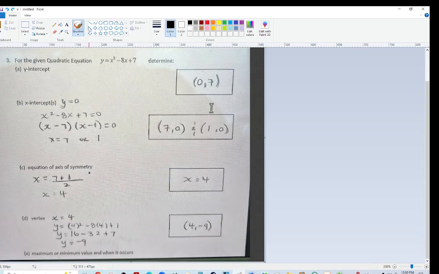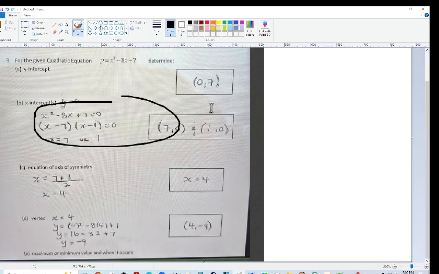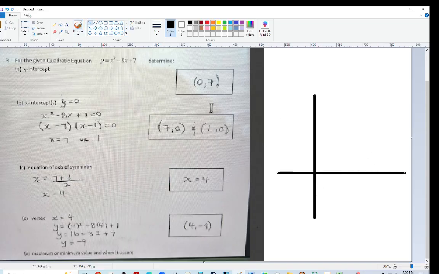Here, what's interesting is he's finding the axis of symmetry. As I tried to point out in one of our sessions, when you have determined the x-intercepts, the axis of symmetry is halfway between those points.